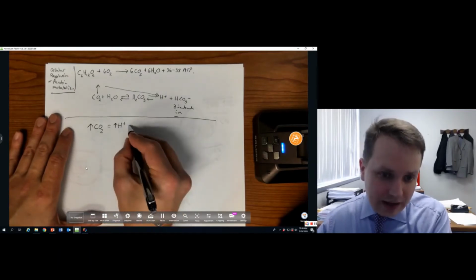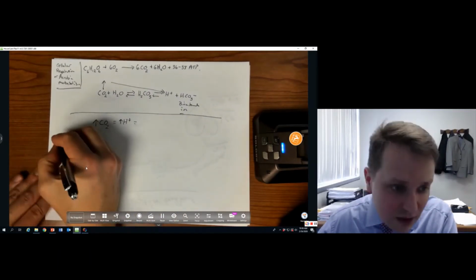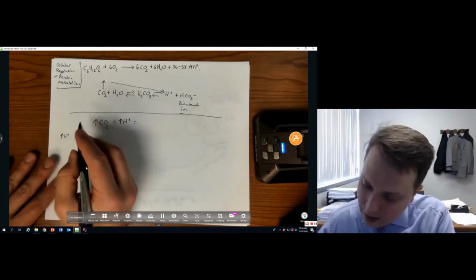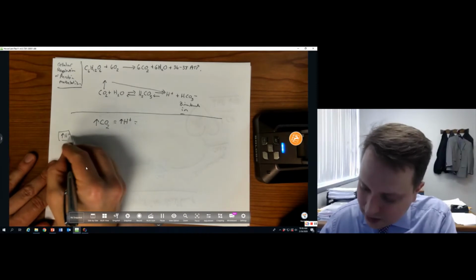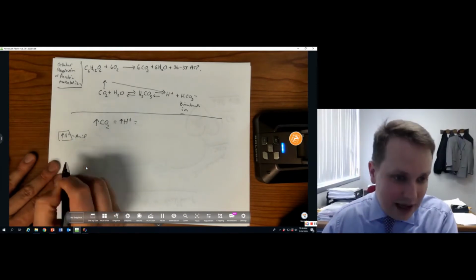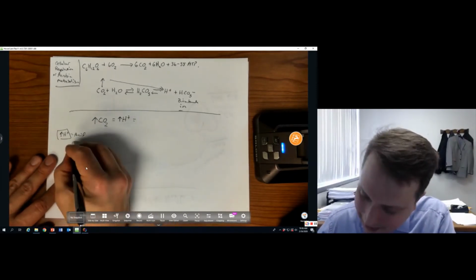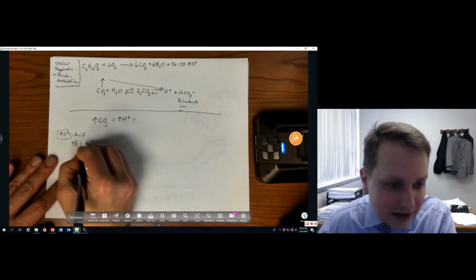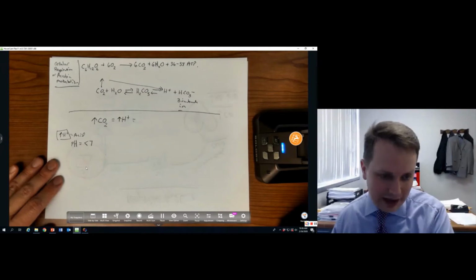Now, let's remind ourselves that if we increase hydrogen ions, anything that does this is an acid. And an acid is anything whose pH is less than 7. Okay?